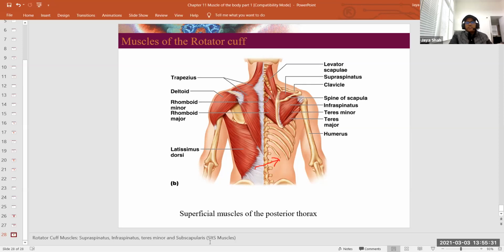To remember, you can see S, I, lowercase t, and then uppercase S. SITS muscles are the rotator cuff muscles. That's the lecture for today.